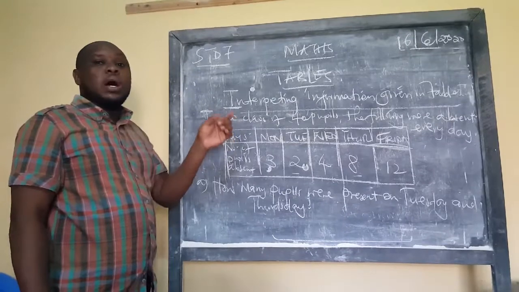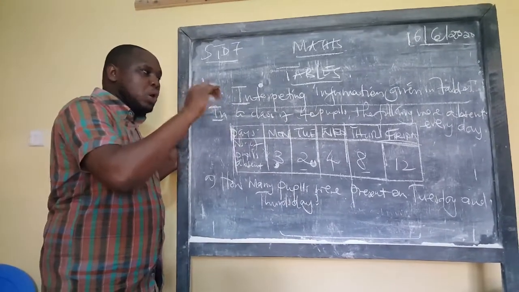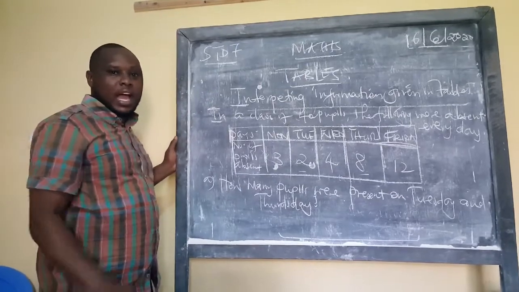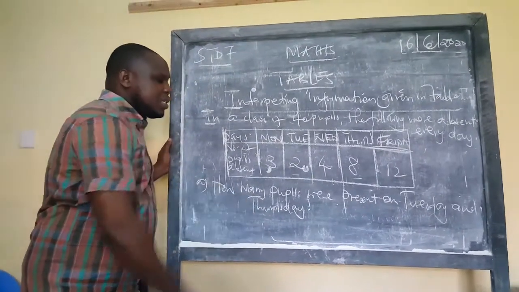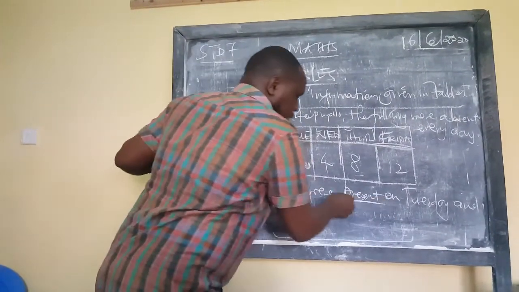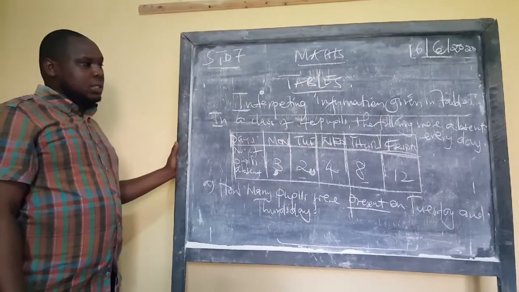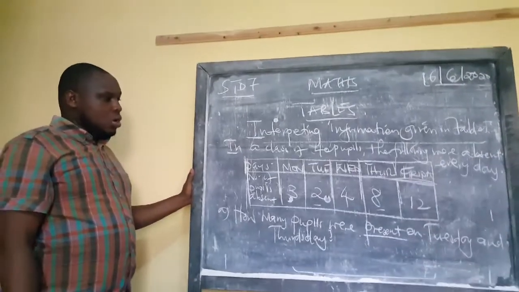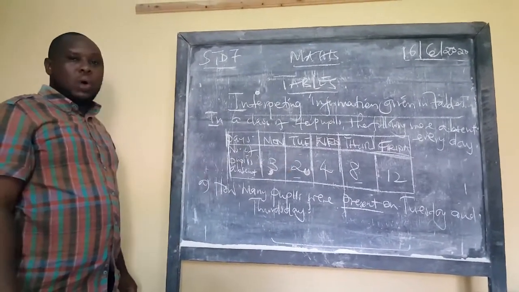So for you to know who are in school, the present ones, you need to get the total number minus those who are absent that particular day, and you get the total number of those who are present. Because the question is, how many pupils were present on Tuesday and Thursday? Not absent. The word here is present. So knowing and understanding that will be very key. So on Tuesday, 2 are not there.